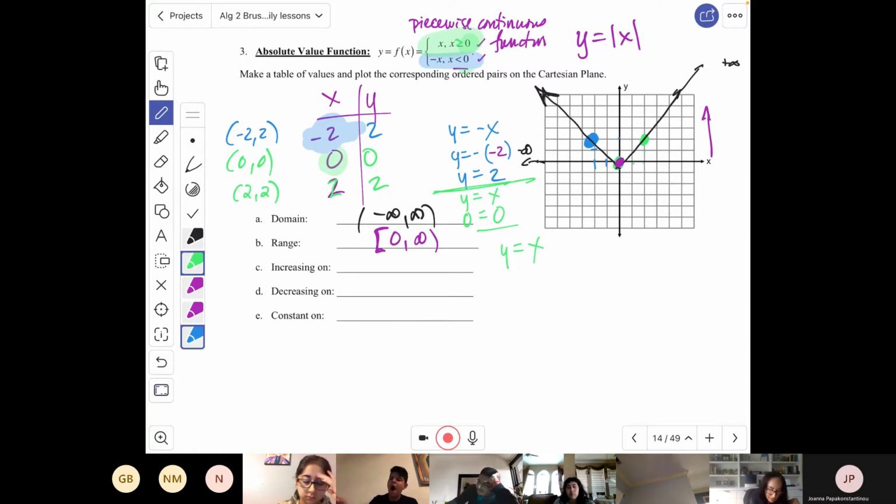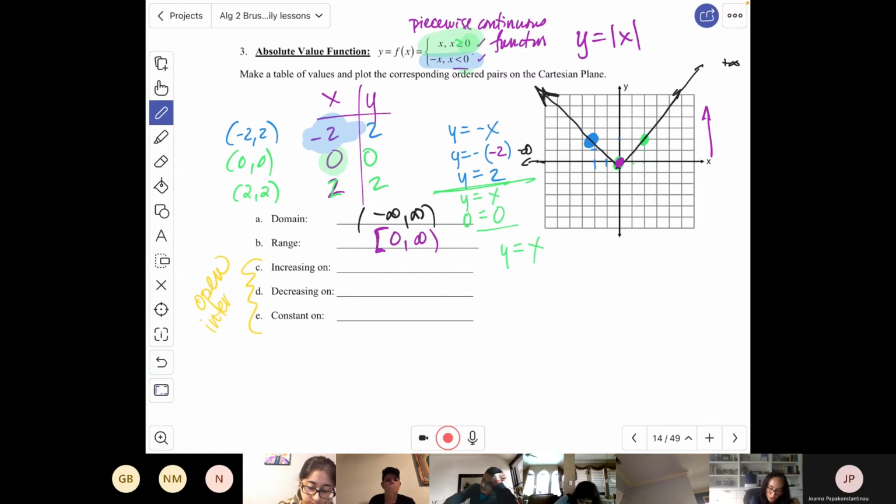Now, let's see if the function is increasing, decreasing, or constant. And remember, we always define those on open intervals. Increasing means y values getting bigger.